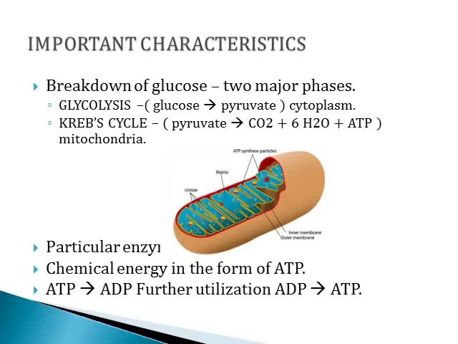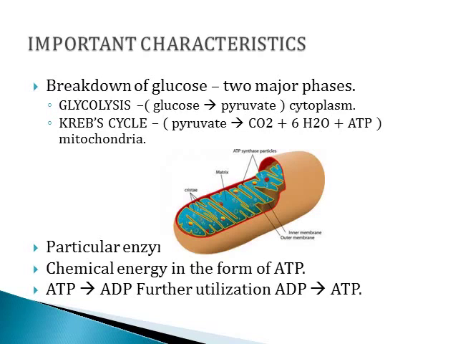Not all the energy is released as heat, but a large part is converted to chemical energy in the form of ATP molecule, that is adenosine triphosphate. This is the third characteristic of the respiration process in plants. Now clear with these three important characteristics, children? Shall we go to the next?